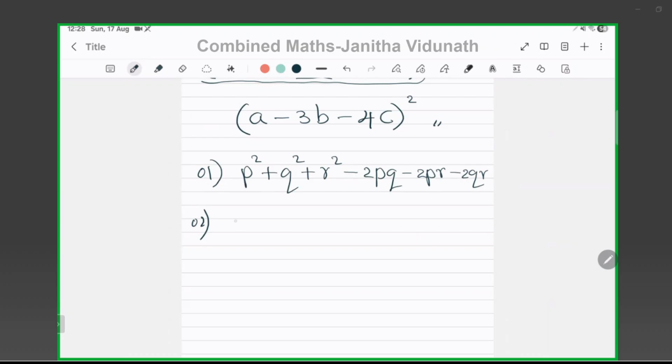Second one is a square plus 4b square plus c square plus 4ab plus 2ac plus 4bc.